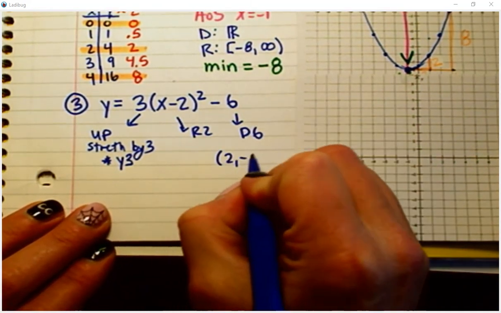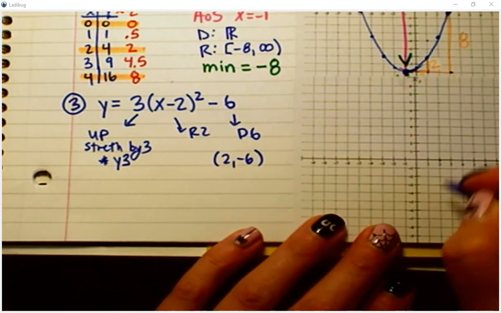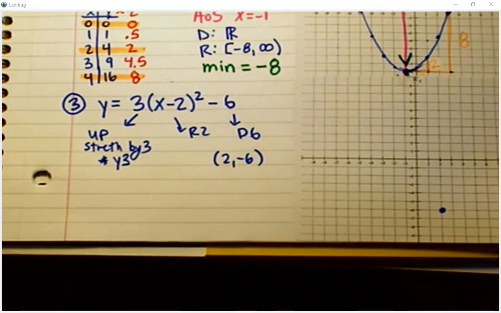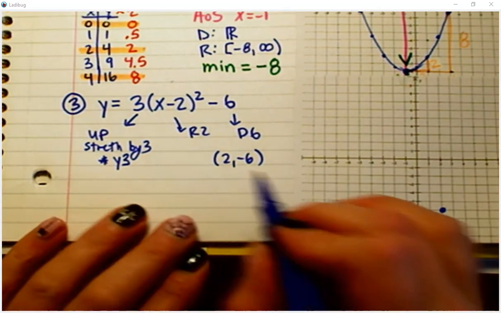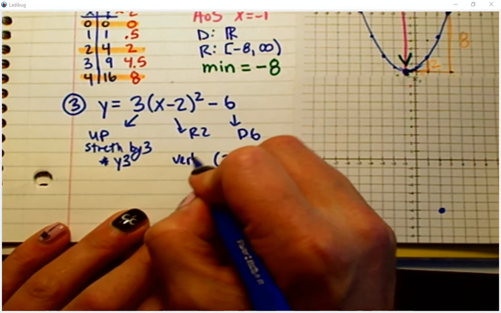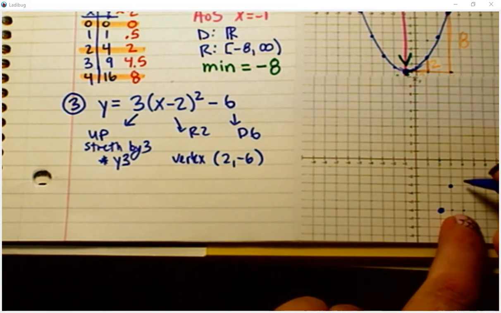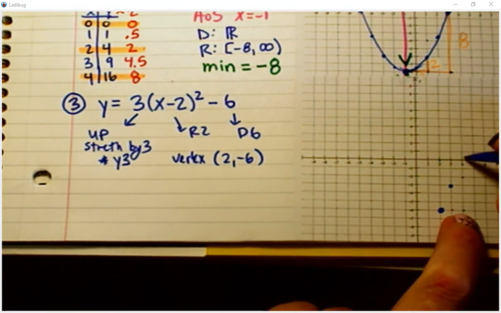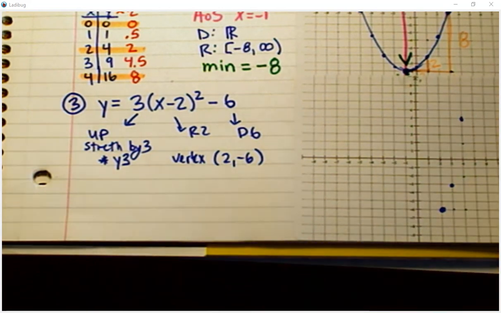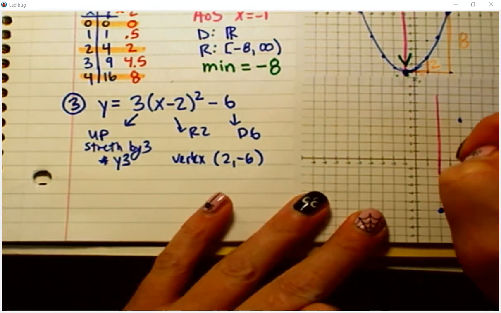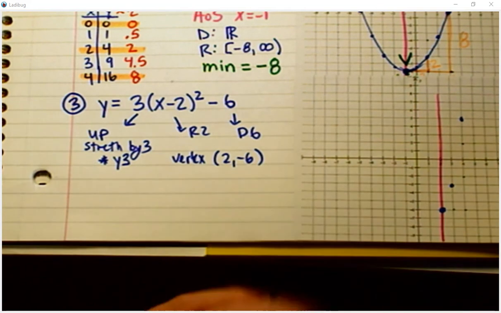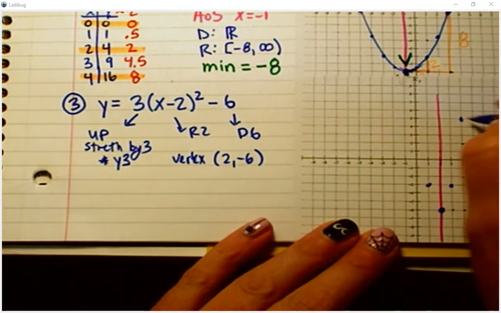I'm going right 2, down 6, so I got a vertex, right 2, down 6. I'm opening up. It's going to go over 1, up 3, over 2, 2 squared is 4, times 3, which is 12. I put my axis of symmetry, and I reflect.